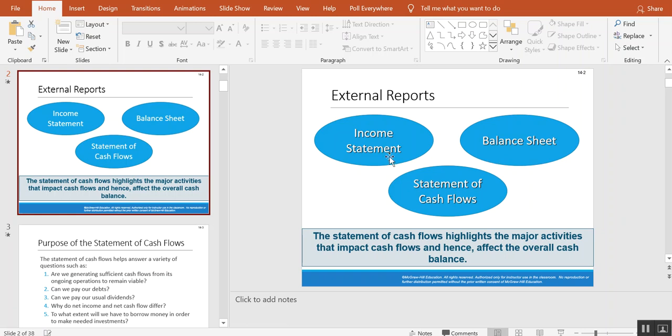But those two statements prepared on an accrual basis don't really tell us about the cash in the business. They tell us about the income on an accrual basis. They tell us about the assets and liabilities, but they don't tell us about how cash flow is in the business. Because of that, the AICPA developed the statement of cash flows.